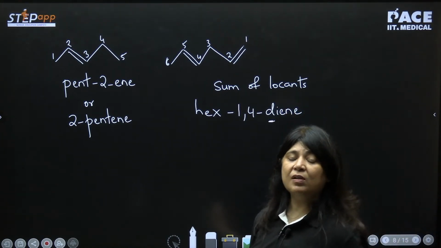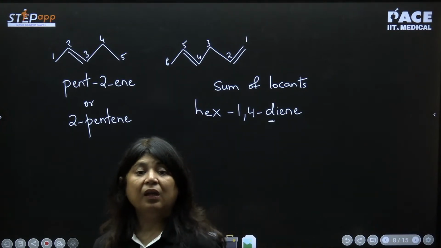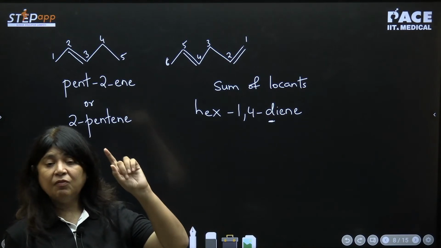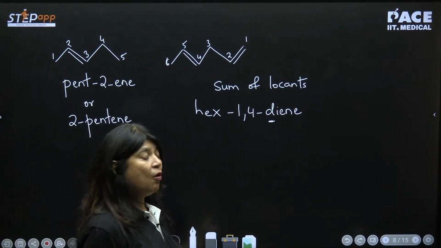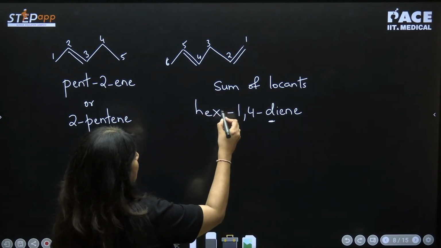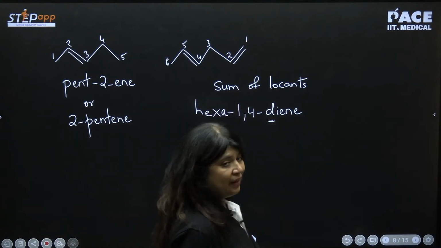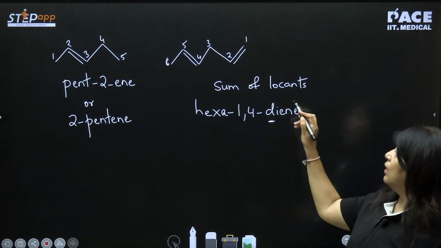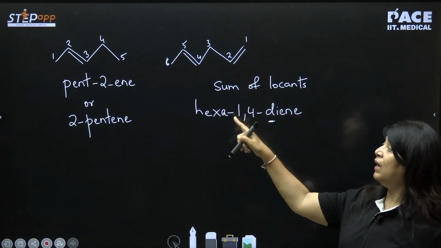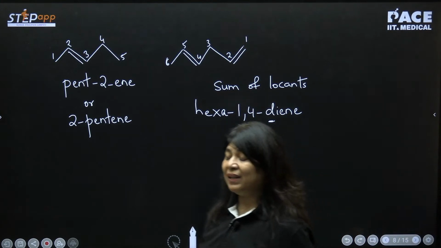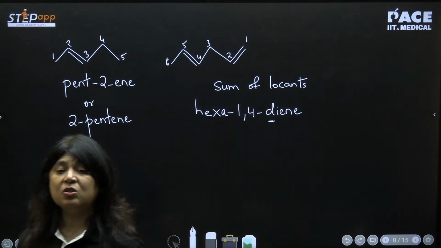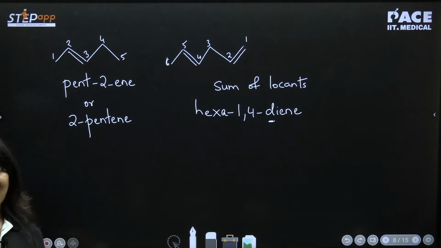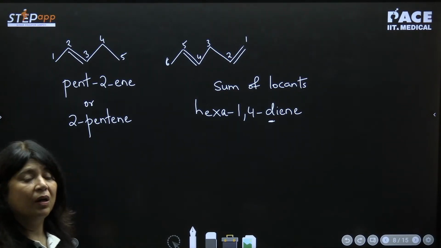You know, there are 5 vowels, A, E, I, O, U. So if the primary suffix does not begin with a vowel, then after the root word, you have to add the letter A. I repeat, if the primary suffix doesn't begin with a vowel, then after the root word, you have to add the letter A. So the name of this organic compound is hexa-1,4-diene.